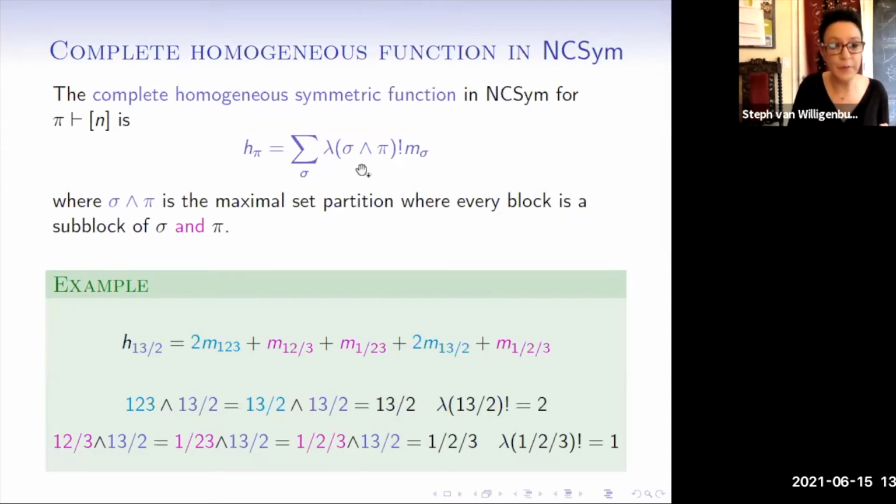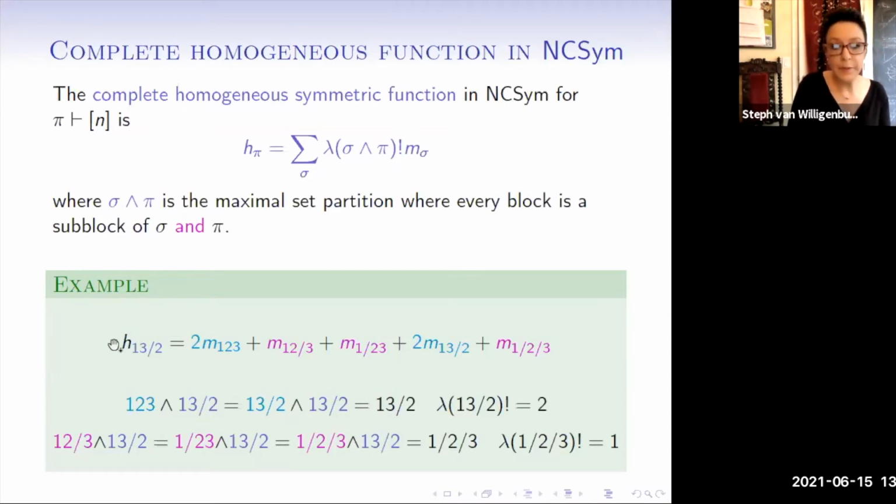Now, how do you compute this coefficient right here? Well, this thing here is going to be the maximal set partition, and we'll do an example in a second, where every block is a subblock both of sigma and of pi. Once we've done that, we take lambda of it and then take its factorial. So let's have a look at an example.